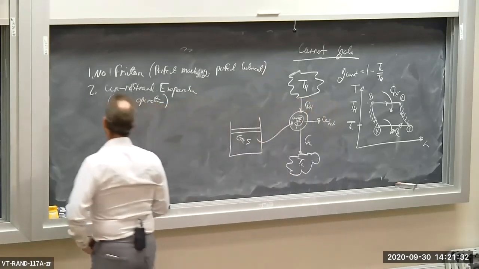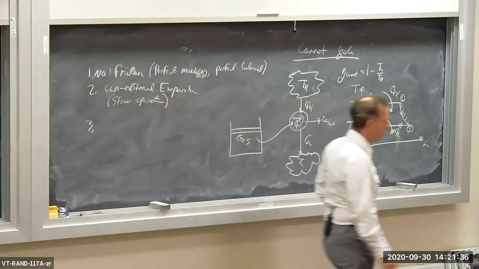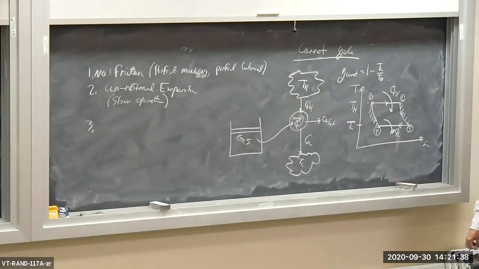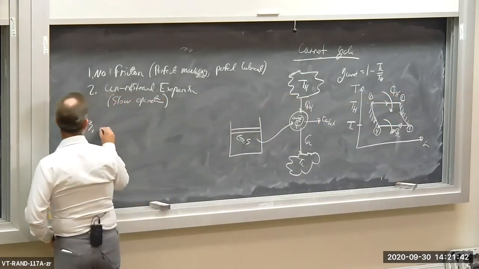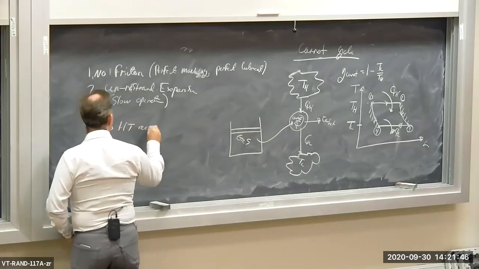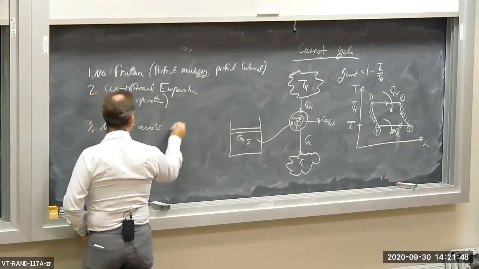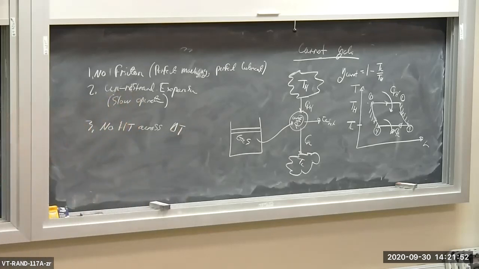And then, of course, the third source of irreversibility is heat transfer across a finite temperature difference, a measurable temperature difference, and that is not present as well. No heat transfer across a delta T, a temperature jump.